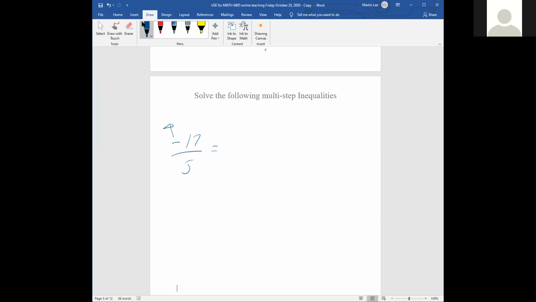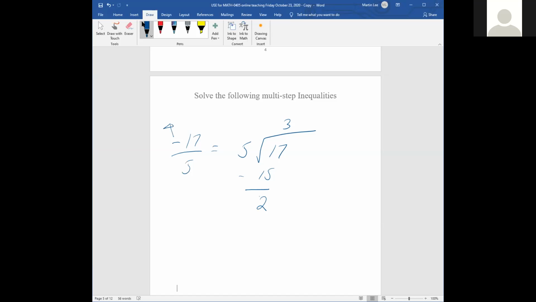If I change this to division, this is 17 on the inside of the division sign, and 5 on the outside. So 5 goes into 17 3 times, 3 times 5 is 15. Now 17 minus 15: 7 minus 5 is 2, and 1 minus 1 is 0.